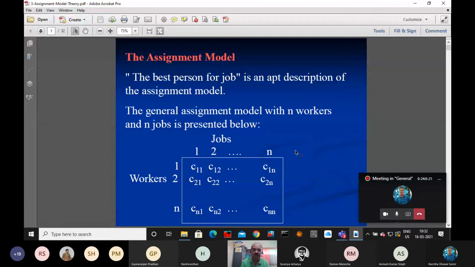For job 1, if the first machine is processing, the processing time is C11, which is a positive constant. Similarly, the processing time for machine 2 is C21, and for machine n it is Cn1.